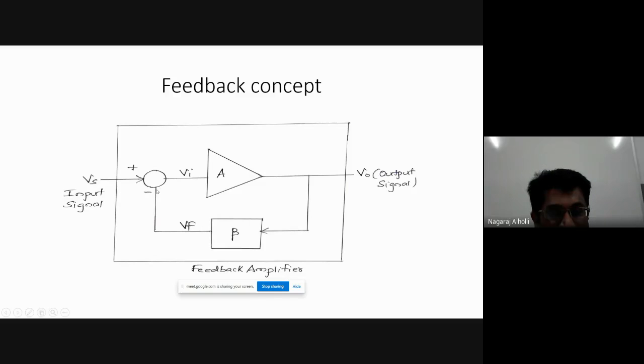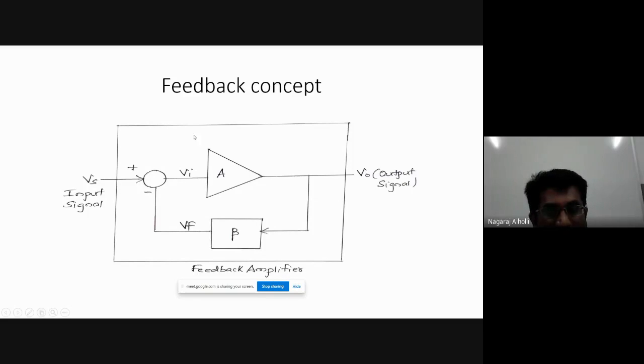If the Vf signal is in phase opposition with the Vs signal, both in opposite phase with respect to each other, then the circuit is called the amplifier circuit. If the Vf signal is in phase with the Vs signal, both in phase, then it is called the oscillator circuit.